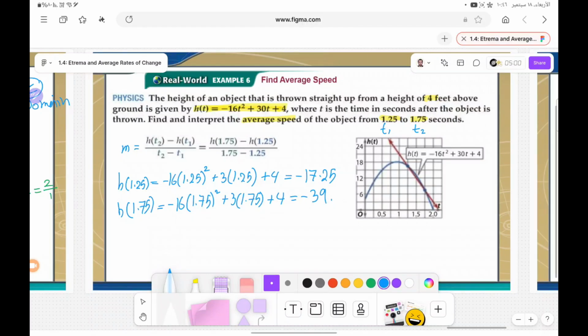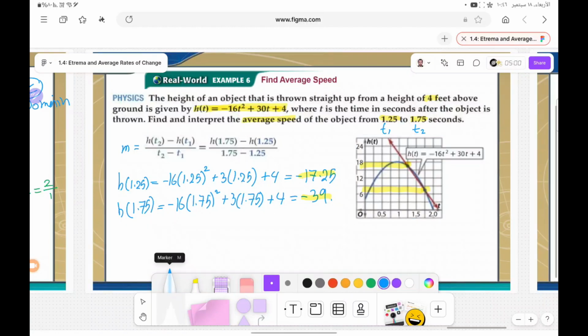But let's check if our answer is correct, because as you can see, this one is negative 17 and this one is negative 39. If we look at the graph, this point on the y-axis is not negative 39, and here it's not negative 17.